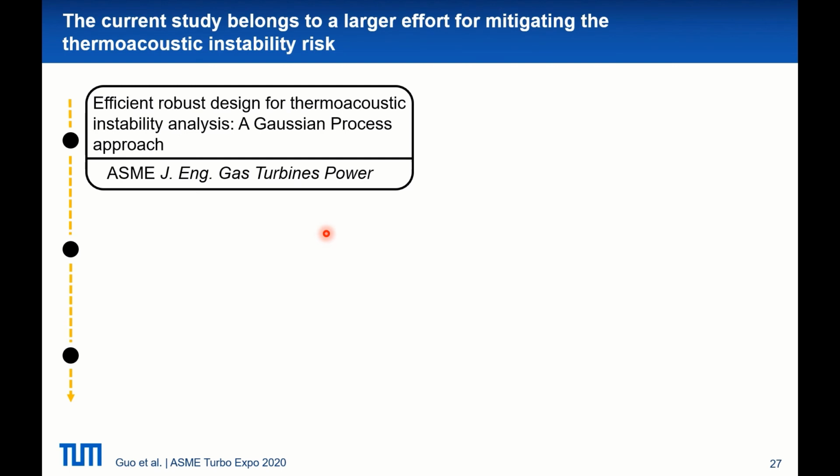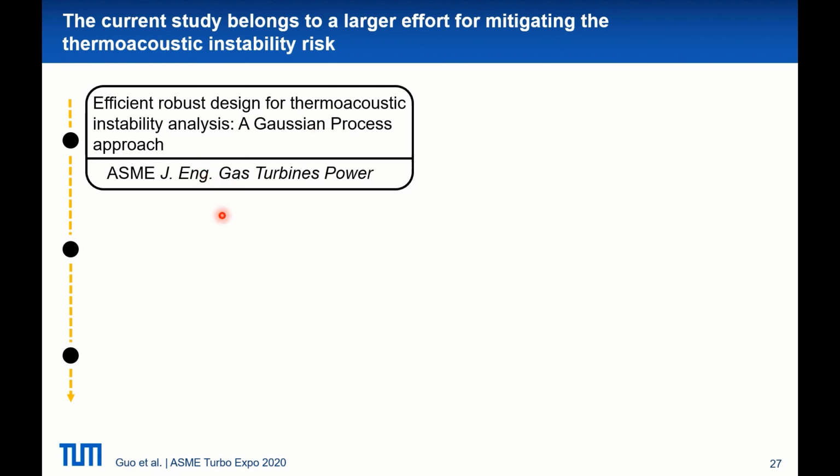Before we finish, I would like to briefly discuss how this work connects with other studies of ours in a broader context. For the past 2 years, we have been working on mitigating thermoacoustic instability risk by implementing the principles of robust design. Our very first study following this line of work is the paper Efficient Robust Design for Thermoacoustic Instability Analysis: a Gaussian Process Approach.